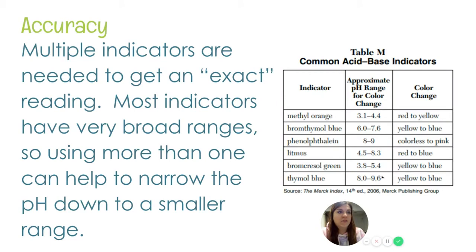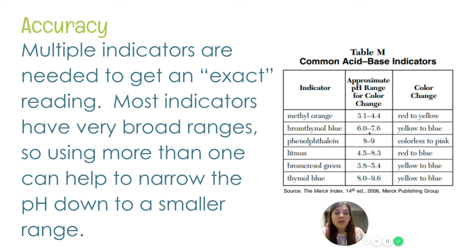Like this one, for instance, 4.4 all the way up to 14 is yellow. That doesn't even tell us if our solution is acidic or basic. So this indicator is really good if you're working with stronger to medium level acids because it'll kind of give you an indication whether it's red or orange.